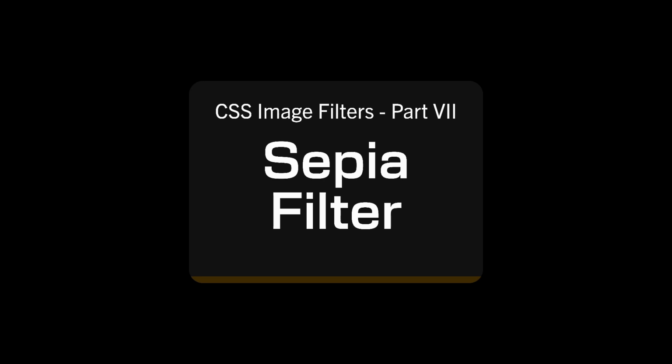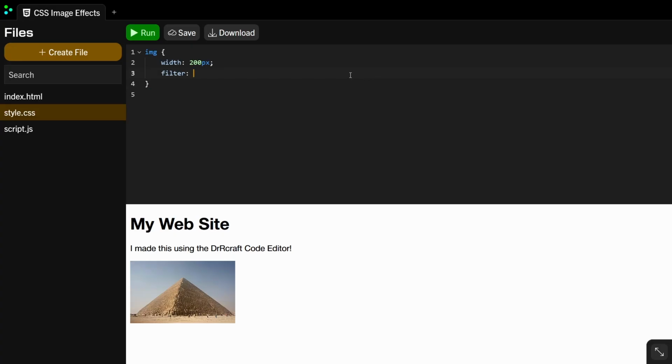The final filter we're going to look at is the sepia filter. The sepia function, again, takes either decimal or percentage and makes the image sepia, giving it a yellow brownish appearance. 0 or 0% looks completely normal, and 1 or 100% makes the image fully sepia, yellowish brownish colors.